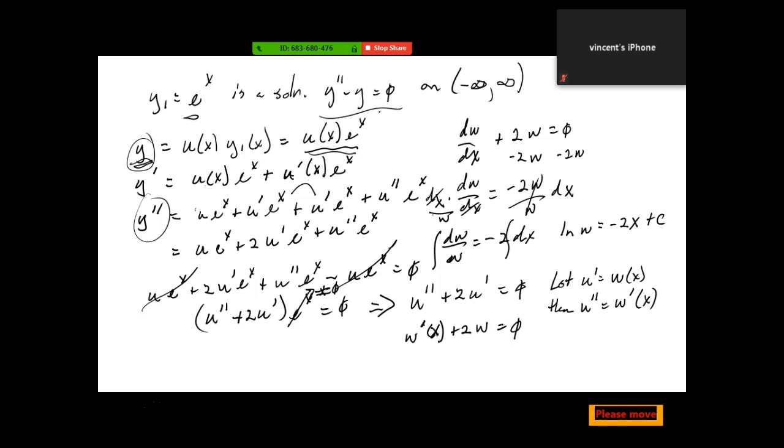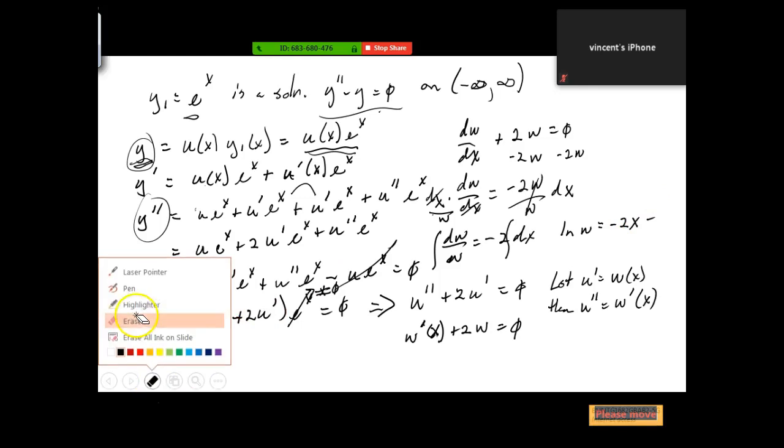I think I'll write that as minus log c, because c is just a constant, and we can make it any constant we want.